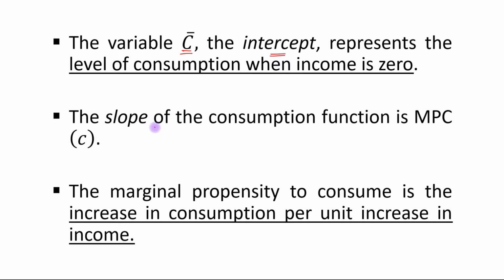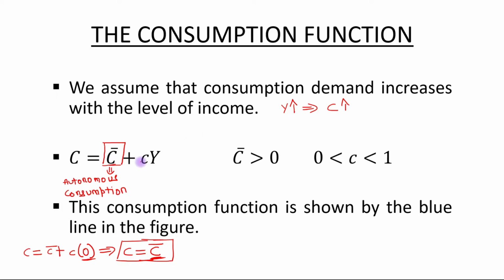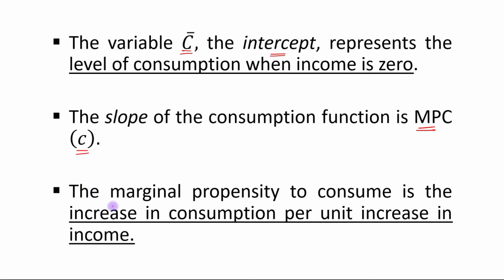The slope of the consumption function is the MPC, that is the marginal propensity to consume. It is denoted by small c. The marginal propensity to consume is the increase in consumption per unit increase in income.